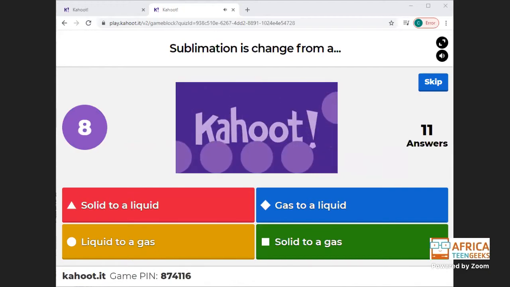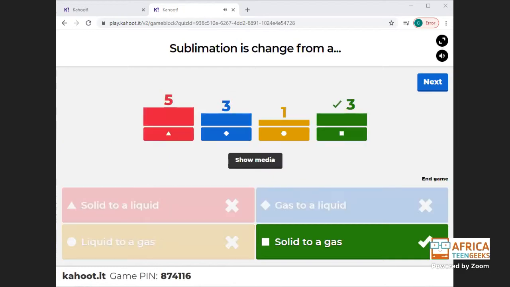Whoa, guys, only 3 of us got that. What did most of us say? Solid to a liquid. No, guys, solid to a liquid, that is melting. Remember, ne? That is melting.